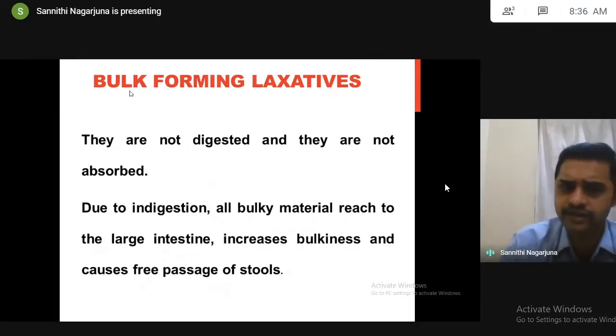Due to no digestion, all the unabsorbed bulky material will reach the large intestine. Am I right? When there is no digestion, there is no absorption, and no decrease in particle size. So all that bulky material reaches the large intestine. Because of the bulkiness in the large intestine, it causes free passage of stools.